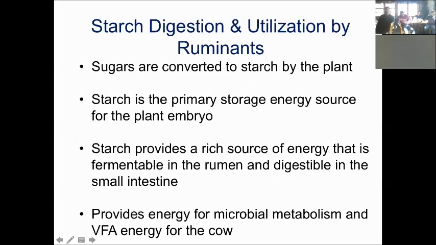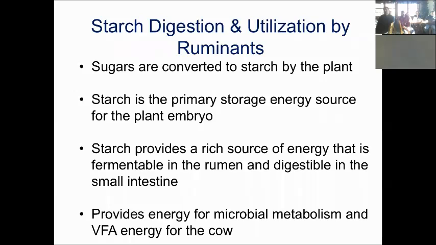So, if we start off with starch digestion and talk about what happens, at least from the plant standpoint, and take the corn plant as our model, we know that as the plant matures, it's basically converting sugars in the kernels to starch. Why Mother Nature is doing this is because starch is a good energy source for the plant embryo.